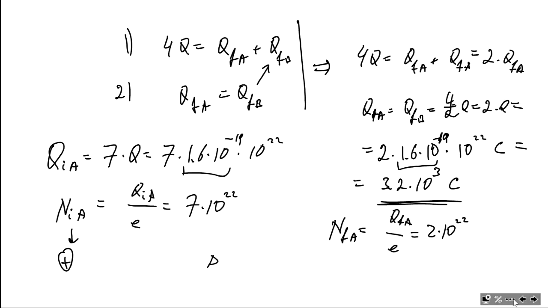So the change, how many electrons moved, is just the difference. And where did we get those electrons? From sphere B. That sphere lost those electrons to sphere A. Any questions?